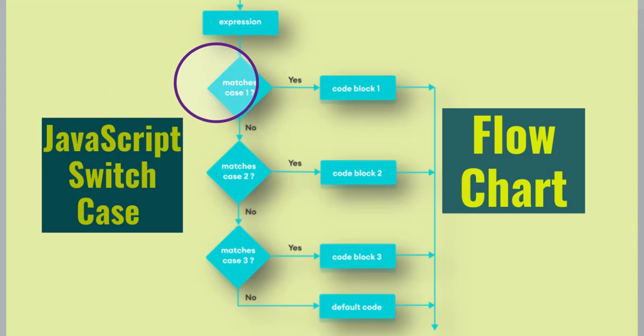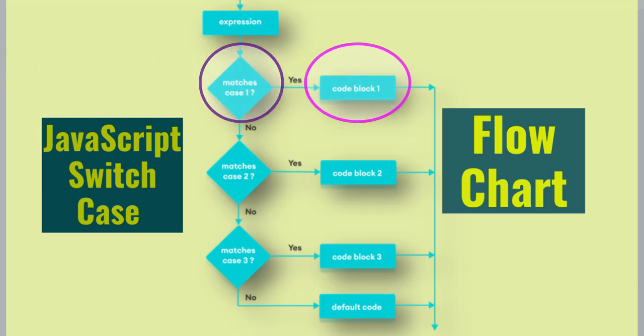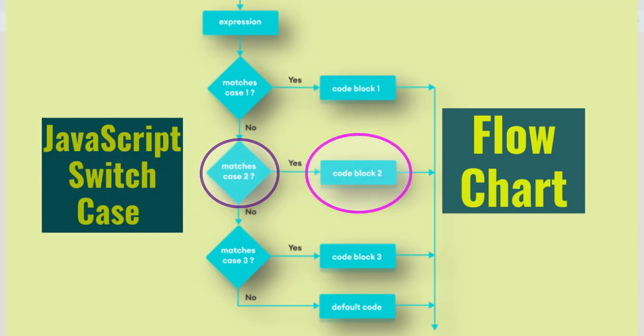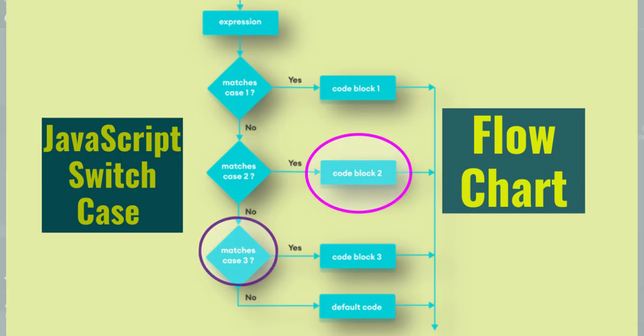Here is the expression. If this expression matches case 1, then code block 1 will execute. If it doesn't match, then it jumps into case 2. If case 2 matches the expression, then code block 2 will execute. If it doesn't match, it jumps into case 3.